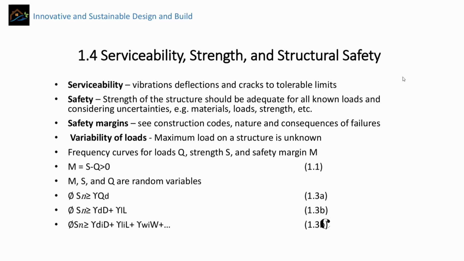For the building element subjected to only dead load, according to function 138, we have just one part on the right side, but if there is dead load and live load, then we might have various factors for the dead load and live load.